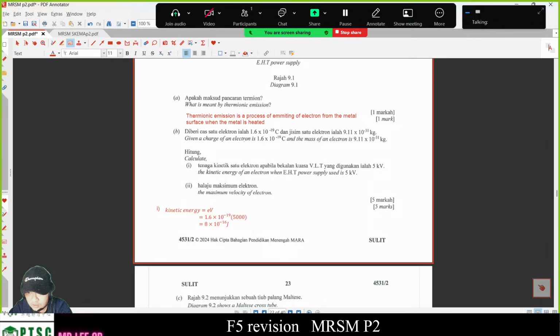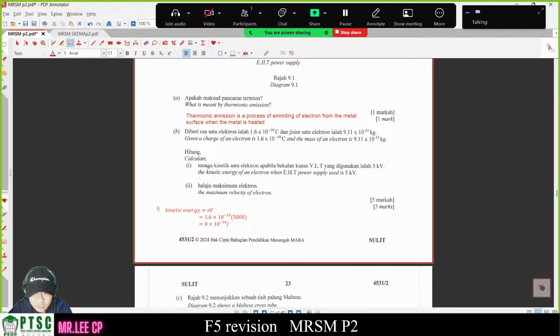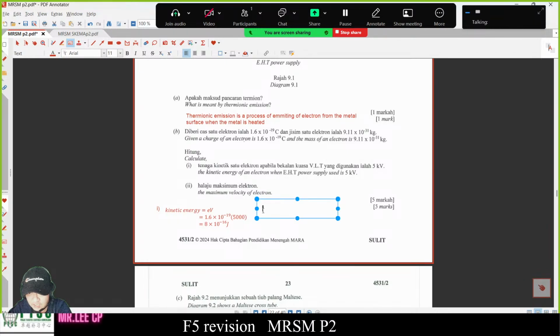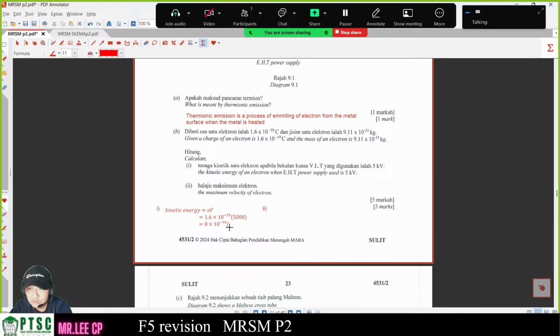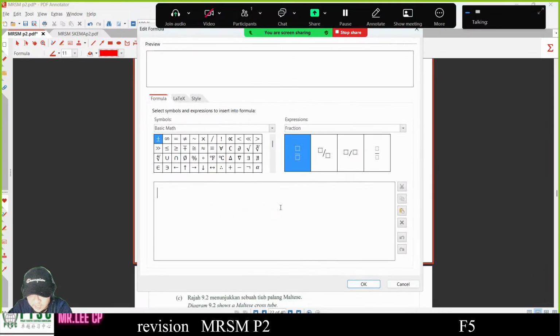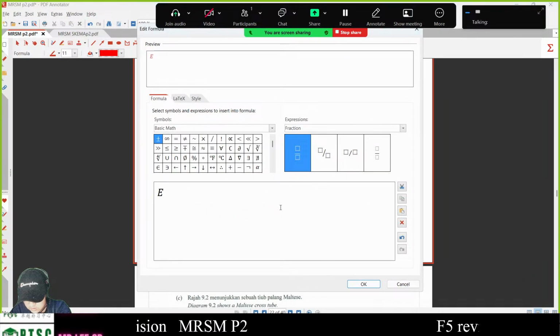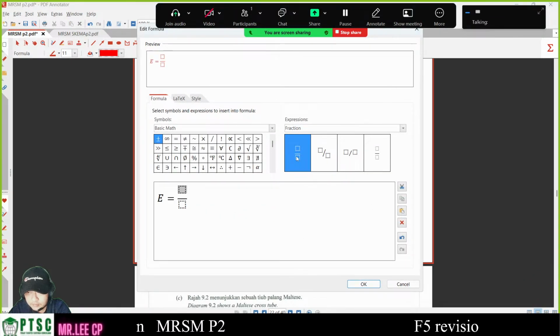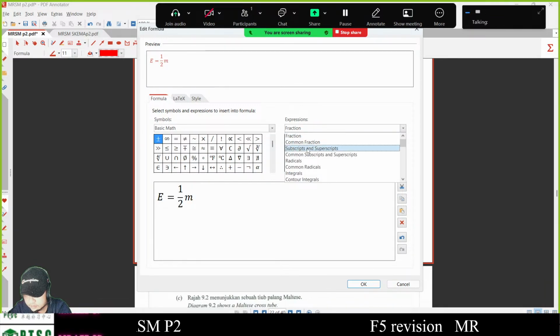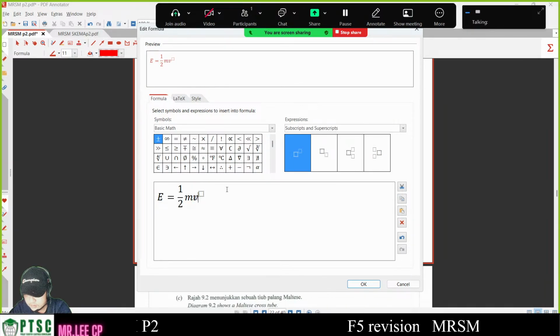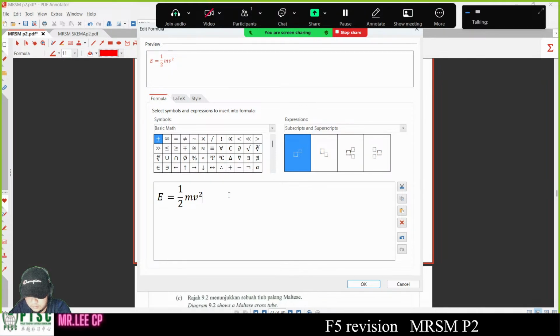Now the second one, they ask you the maximum velocity of the electron. So come back to the formula here. This one is the energy. Energy is equal to half mv square, kinetic energy.